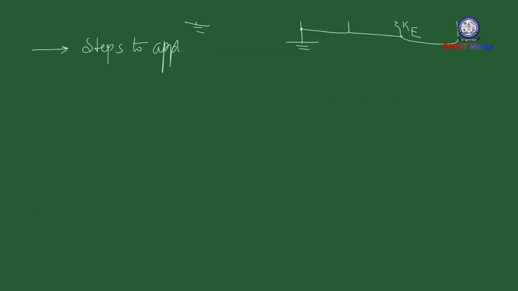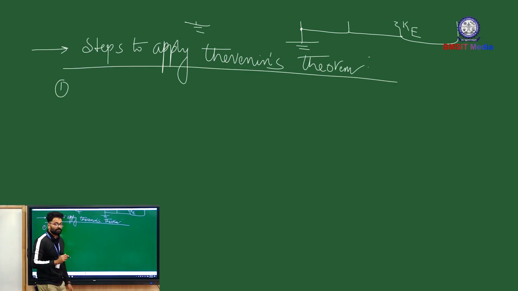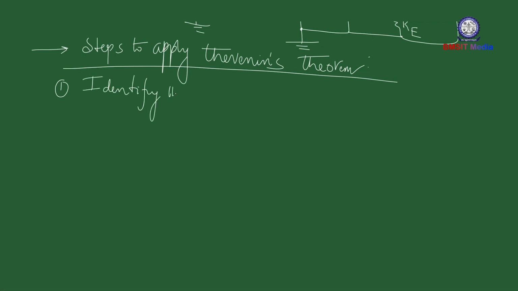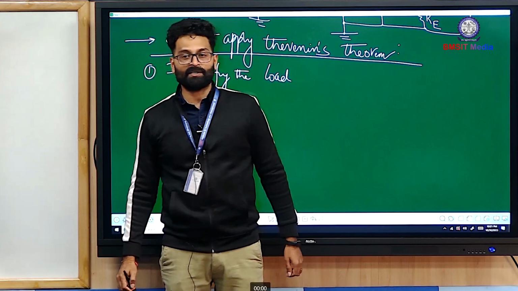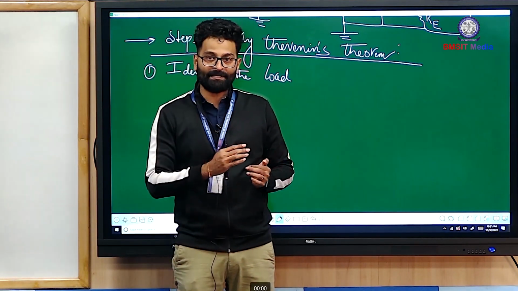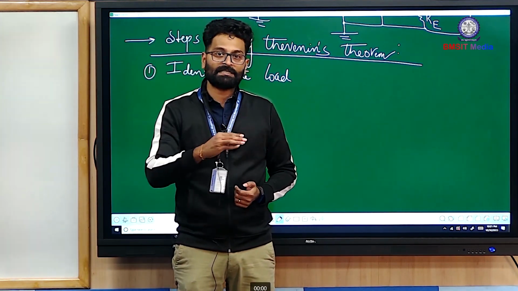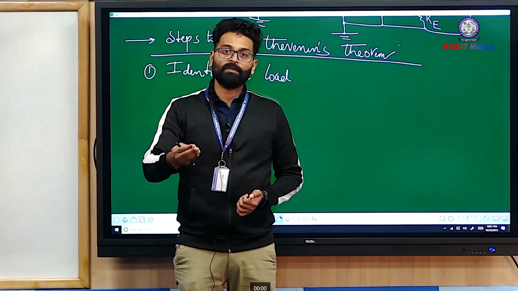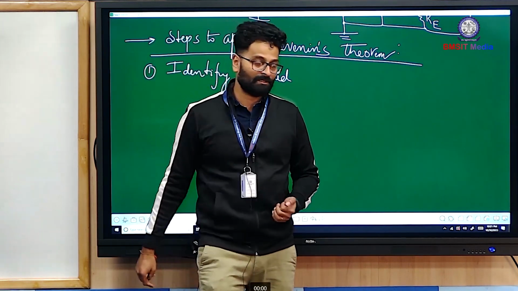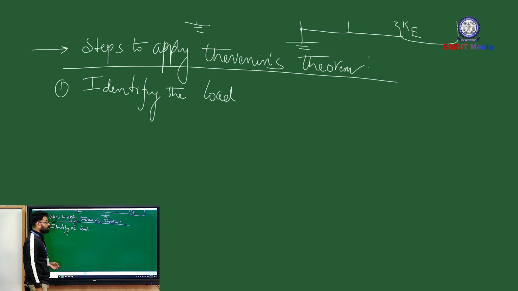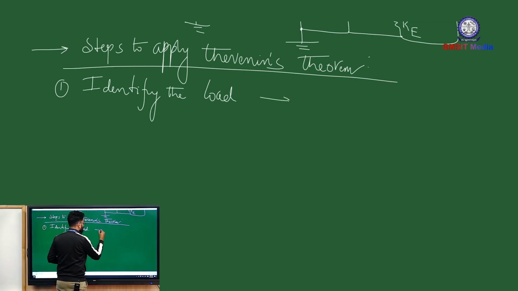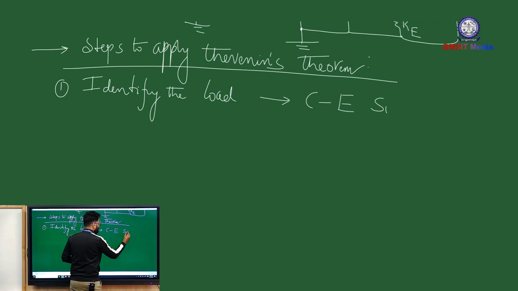Steps to apply Thevenin's theorem. First step is to identify the load. In case of common emitter configuration, you have seen that base emitter is the input terminal and collector emitter is the output terminal. So the output terminal is nothing but the load terminal. So in case of voltage divider bias, when you say identify the load, you should identify the output terminals, which is nothing but the CE side.